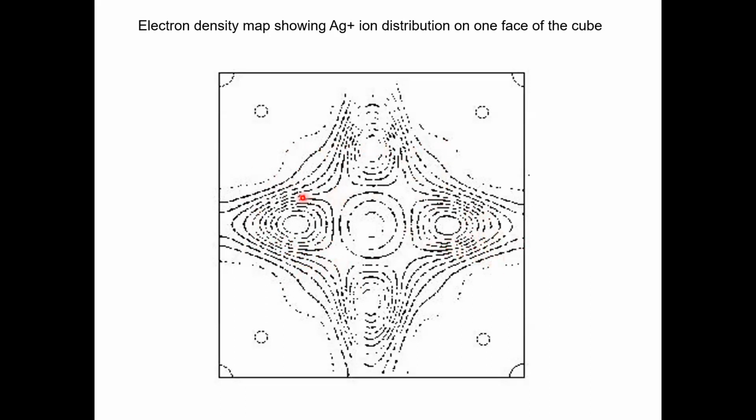So this is an indication that, since it's sitting in a shallow potential, it has to overcome a very shallow activation barrier. In fact, the migration energy for silver in this material is of the order of 0.05 electron volt. Not a very deep potential, but a very shallow potential.